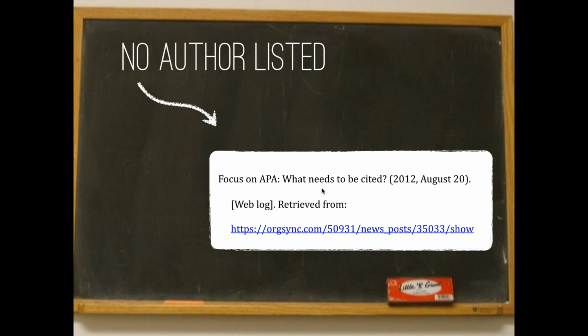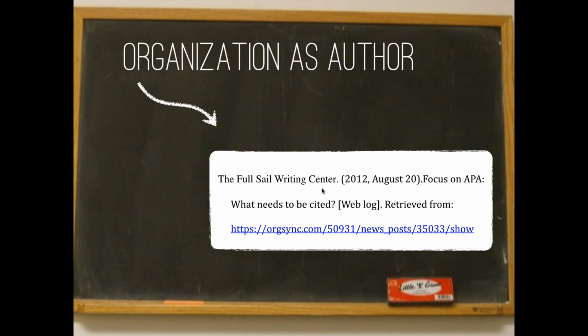The article title moves to the front of the citation in place of the author's last name, and then everything else remains the same. We need all the same information. And then if we're using an organization as an author, in this case, the Full Sail Writing Center, that goes to the front as if it's the author's name, and then everything else follows the same.